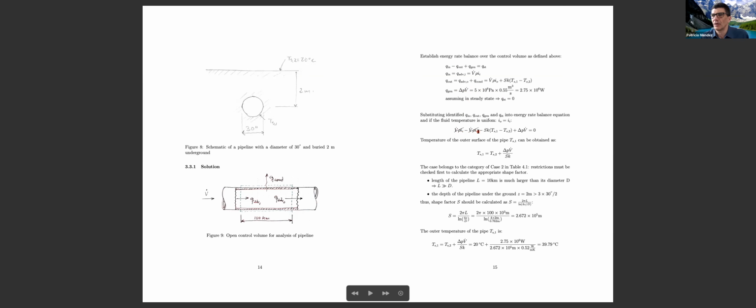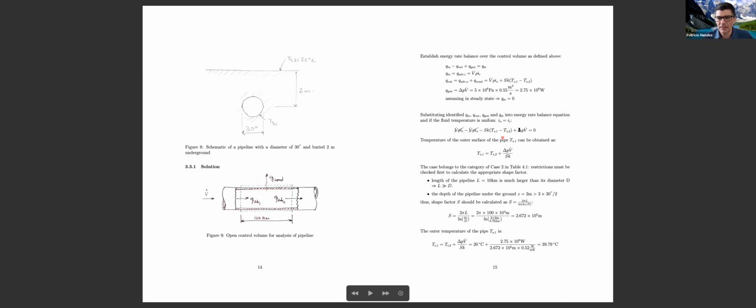And now is when we use the suggestion that the temperature in and out through our control volume is the same. Then I apply that, and the enthalpy coming in and the enthalpy coming out by advection go away. What we have is the energy loss by conduction through the soil and the heat being generated.